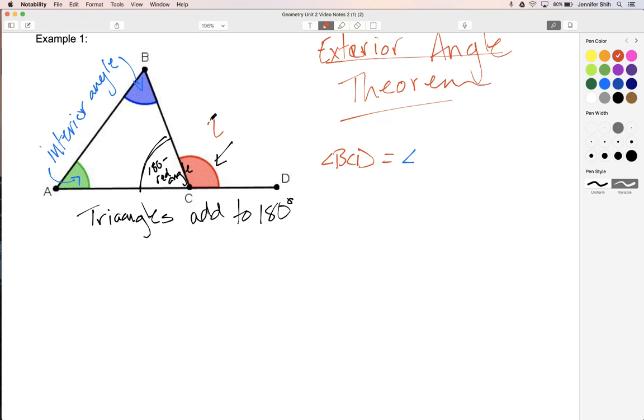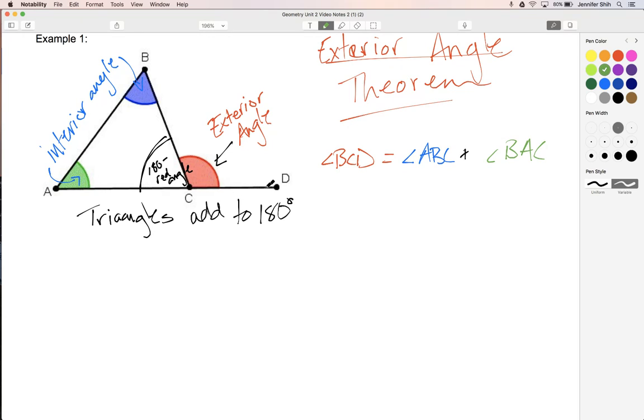And this red angle is the exterior angle. Notice it's on the outside of the triangle. I'm going to try to talk fast, remember? Angle ABC plus angle BAC, these two angles added together, will always equal the exterior angle.